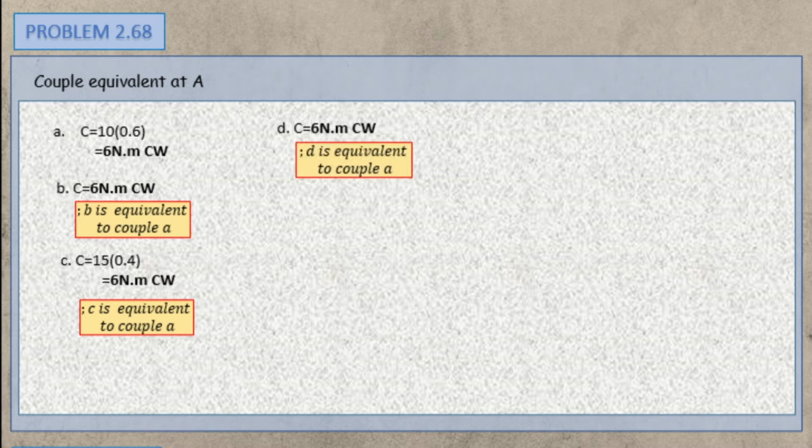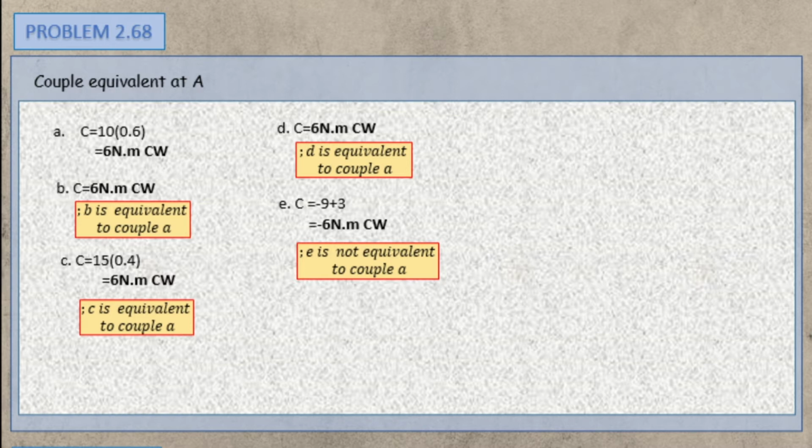For D, as we observe, we have a given couple which is 6 Newton meter rotating in clockwise direction. Therefore, D is equivalent to couple A. For our E, we have couple 9 rotating in counterclockwise, and since I am assuming clockwise positive, counterclockwise 9 Newton meter will be negative, and we have a clockwise 3 Newton meter, so it is positive, so plus 3.